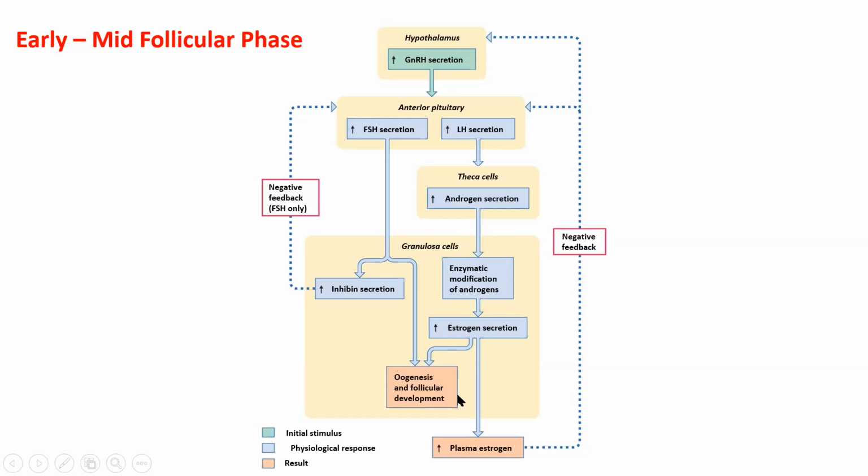And 3, it's going to have a stimulatory effect to help with that follicular development. So much like what we saw with the Leydig cell secreting testosterone that had 3 similar roles. Okay, so this is what happens in the early to mid follicular phase.